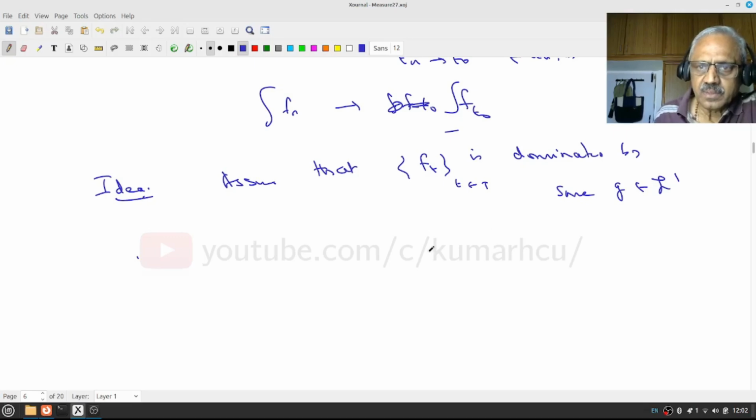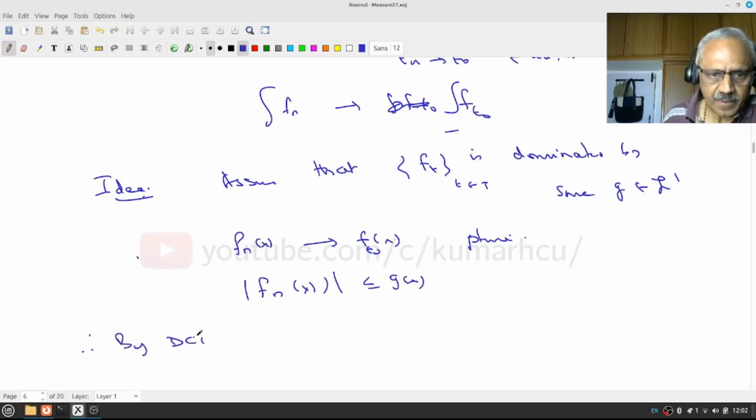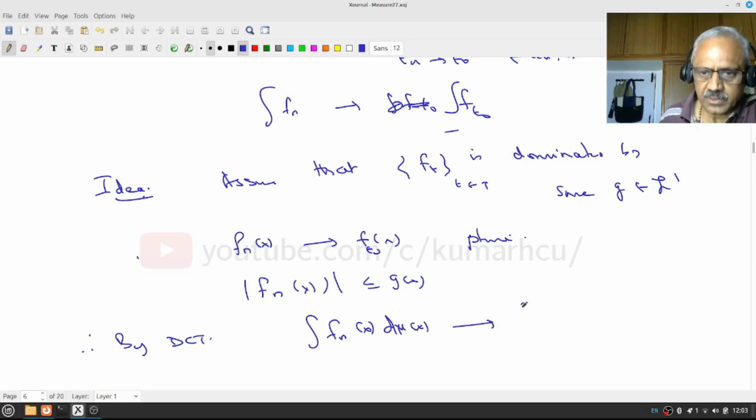Then what we have is that fn of x converges to f t naught of x pointwise, and the sequence fn of x is dominated by g of x. Therefore, by DCT, we conclude the integral of fn of x d mu x converges to the integral of f of t naught of x d mu x.